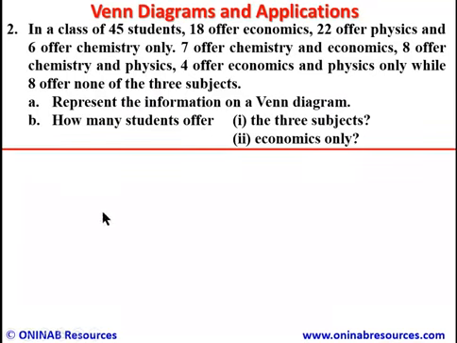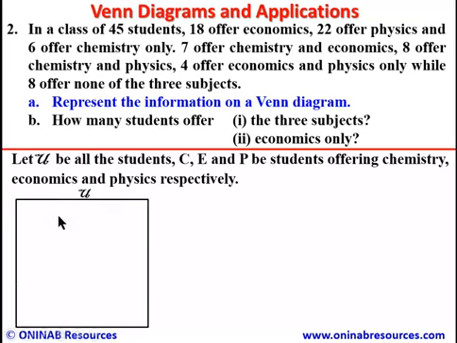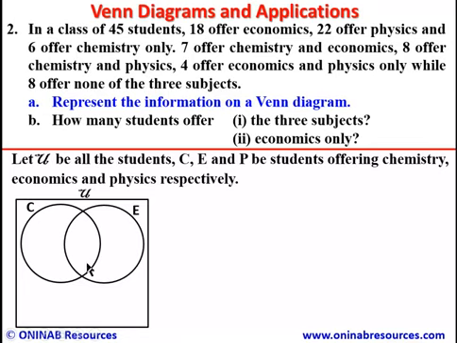So we'll start the solution from A, that's representing the information on a Venn diagram. Before we go, we'll let U be all the students, C, E, and P be students offering chemistry, economics, and physics respectively, so that the rectangle represents the universal set, and our circle is for chemistry, the other circle for economics, and the third circle for physics.